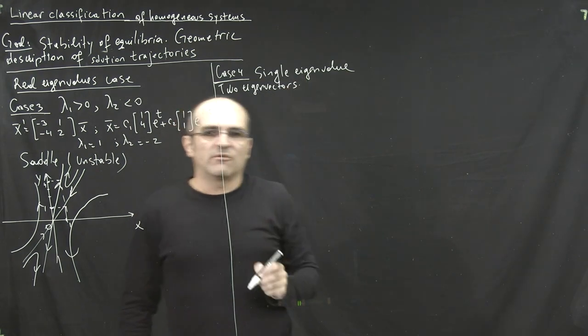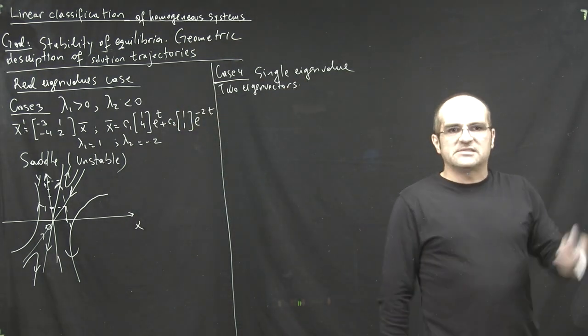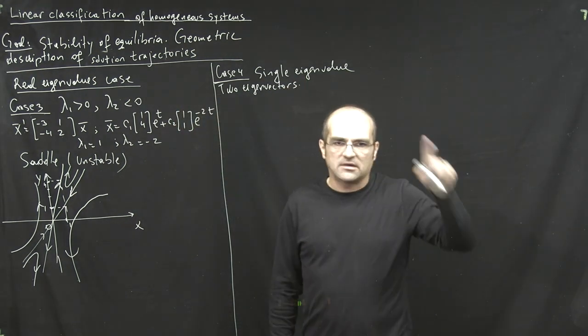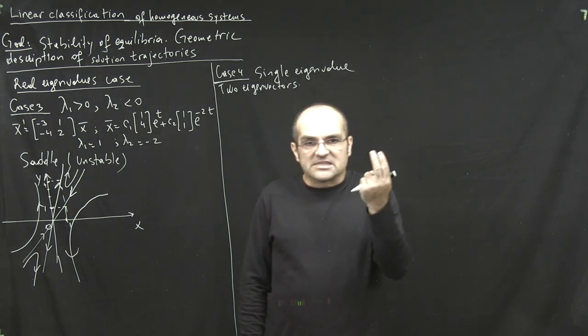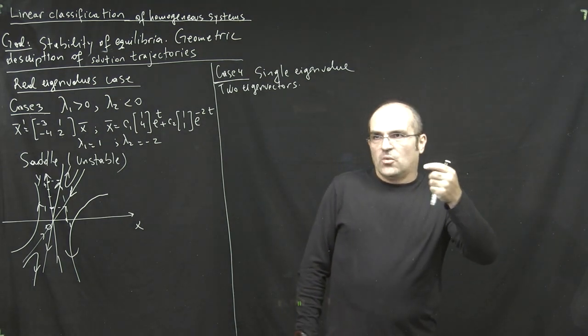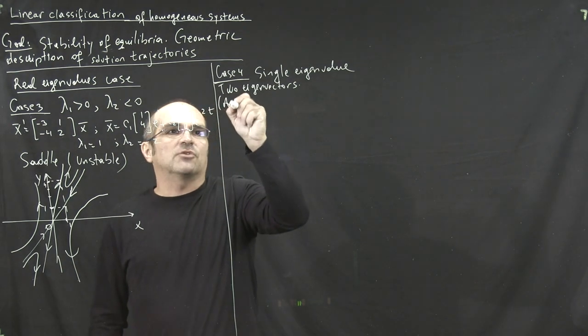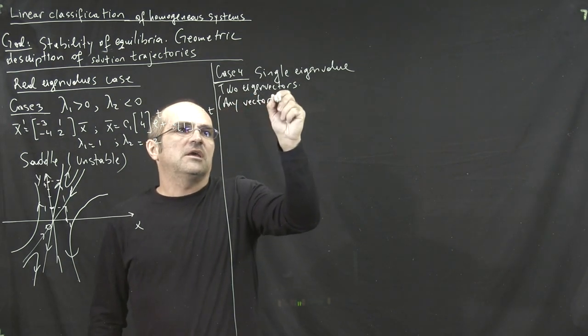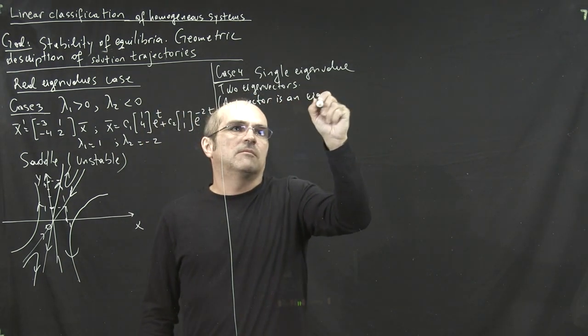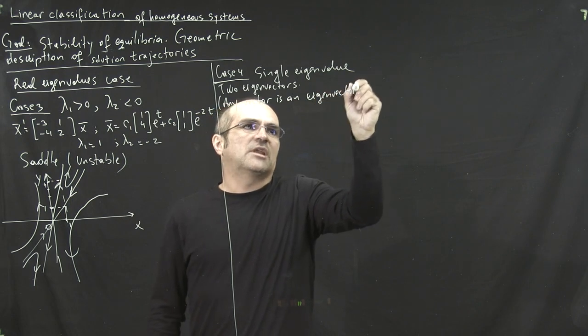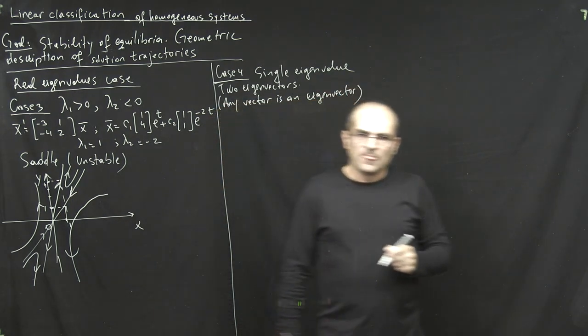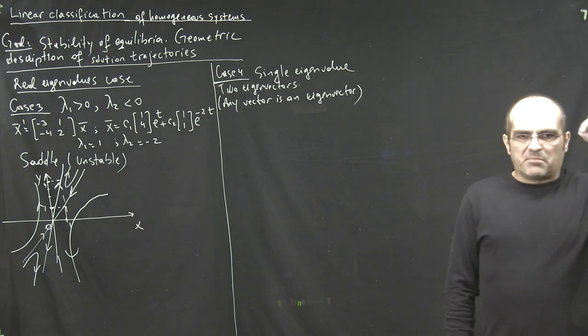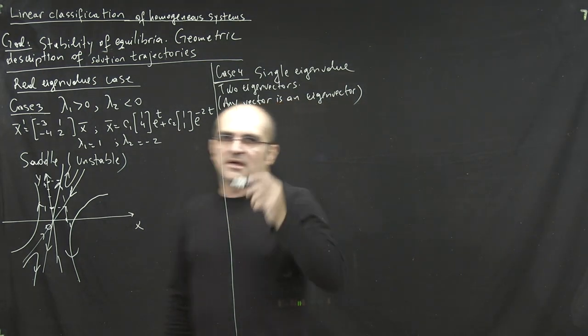Again, a correct way of saying it is that the eigenspace is the entire plane, because the eigenspace has dimension 2. So any vector is an eigenvector. If you don't remember what I'm talking about, go back to the previous lecture and take a look at the part when I dealt with a system like this.